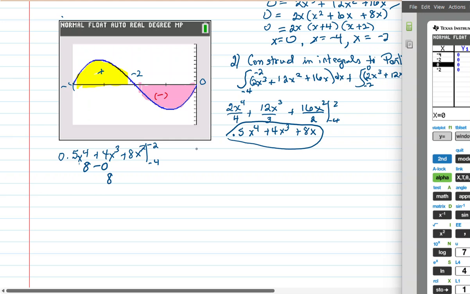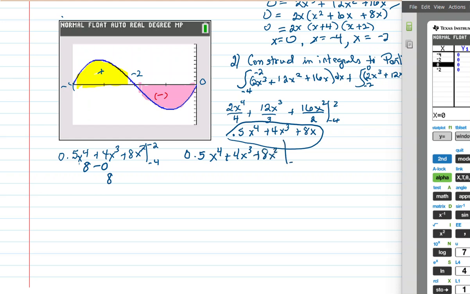Now I'm going to do the same integral from -2 to 0, so I want 0, minus, and then when I do -2, I get an 8.